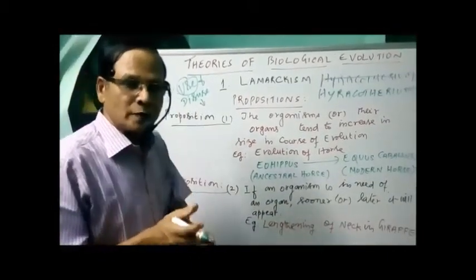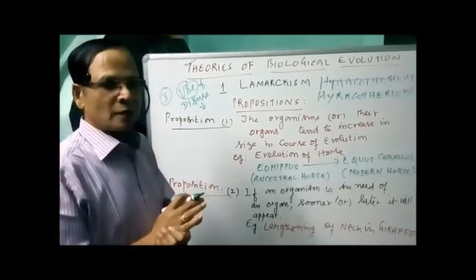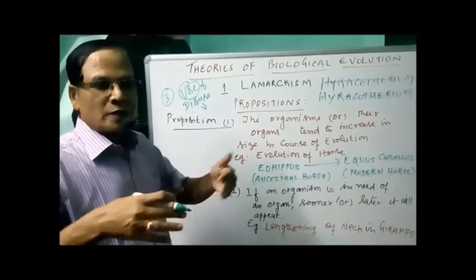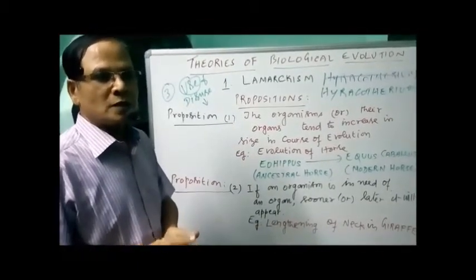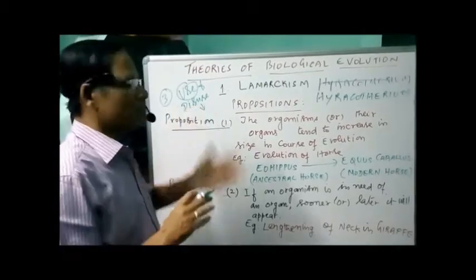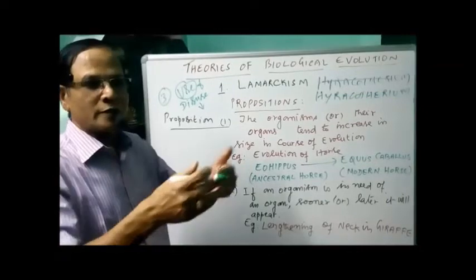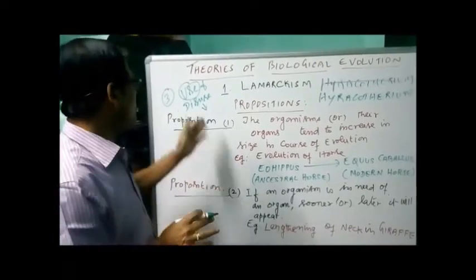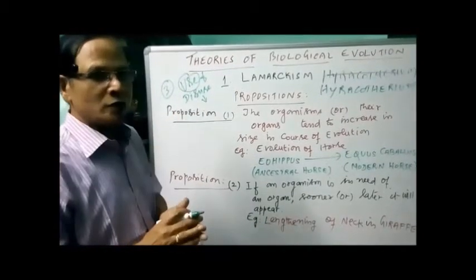And the loss of limbs in snakes is an example for disuse. Also, flightless birds like the kiwi and ostrich are an example for disuse. And we also have the different vestigial organs in human beings, which we discussed in the last class, also an example for disuse. So this is the third proposition, use and disuse.